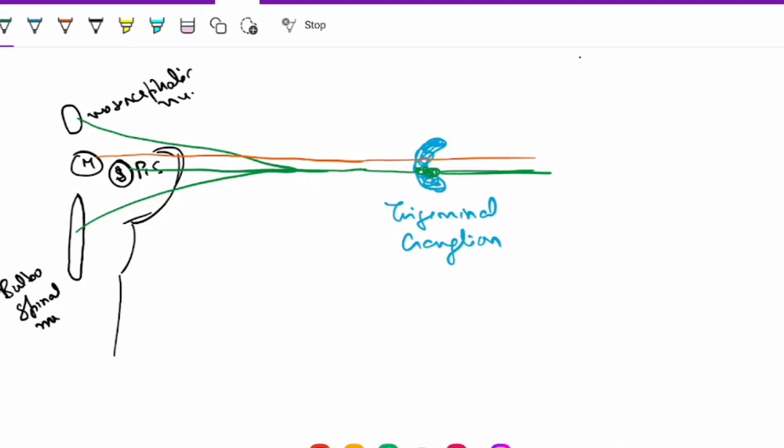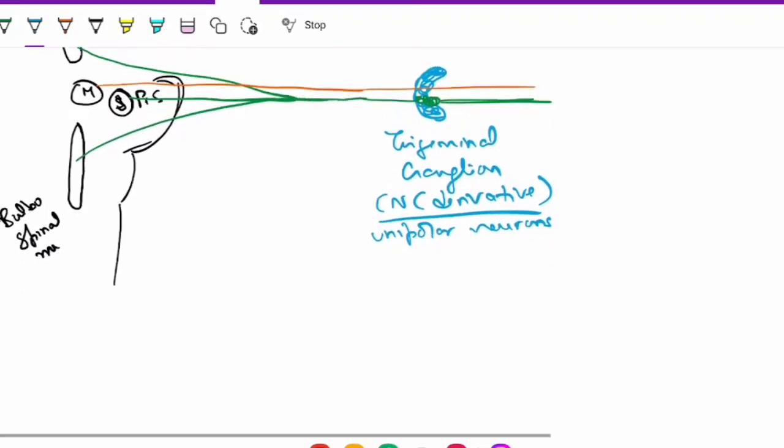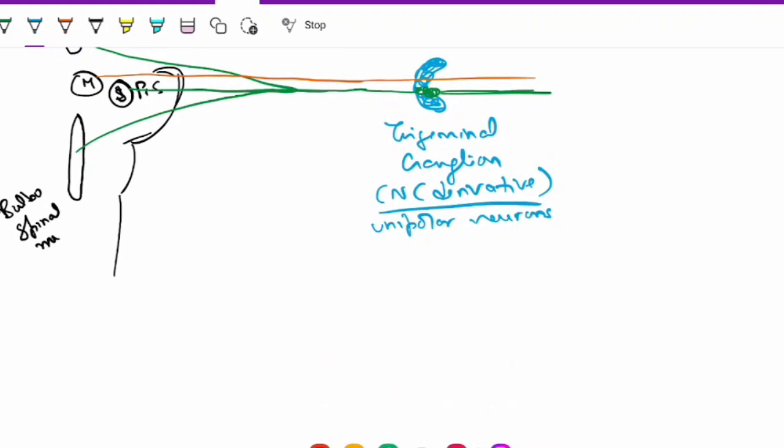Now talking a little bit about the trigeminal ganglion. It is a neural crest derivative. It has unipolar neurons. Now, whenever you study about trigeminal nerve, they say that you better study it from the ganglion because it makes it very easy.